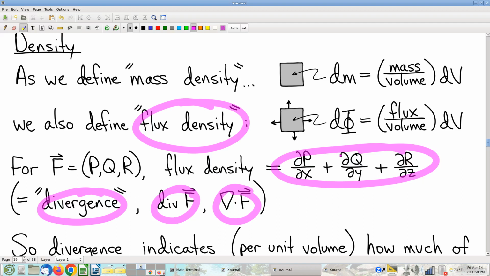And my experience in my physics classes anyway, back in my past life, is that I heard this term, flux density, used by my instructors more than I heard this term, divergence. So, very, very common term, and I think it's great. I'm a huge fan of this term, flux density, because that really points at what it is.